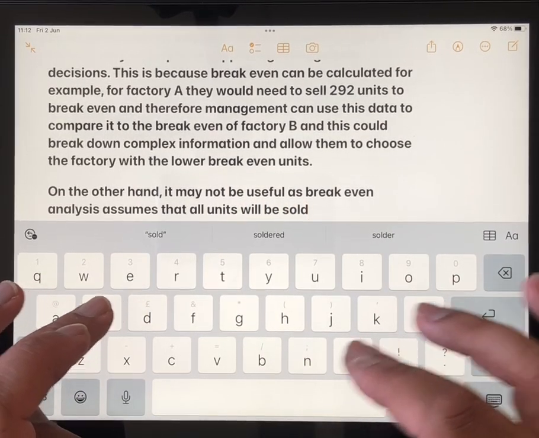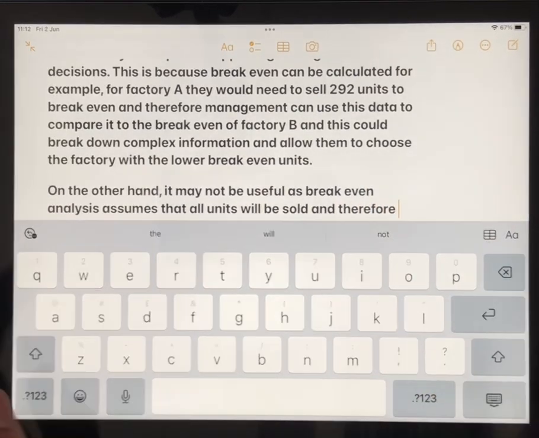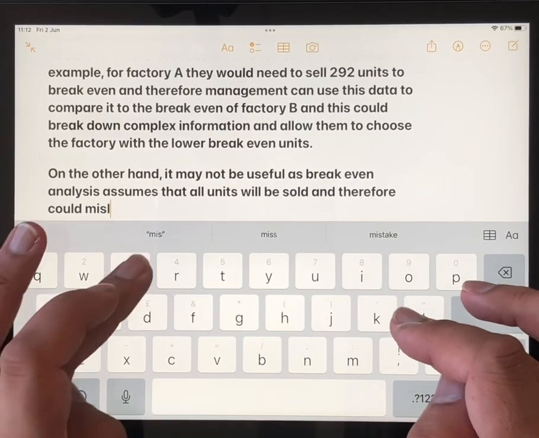Okay, and obviously the effect of this is that it could mislead directors' decisions.